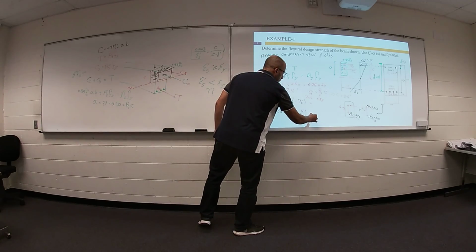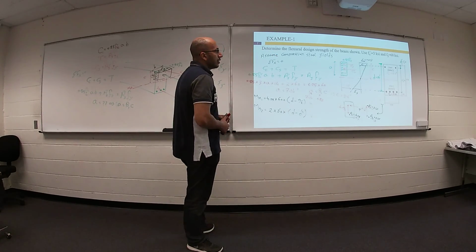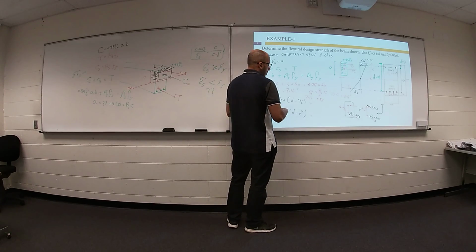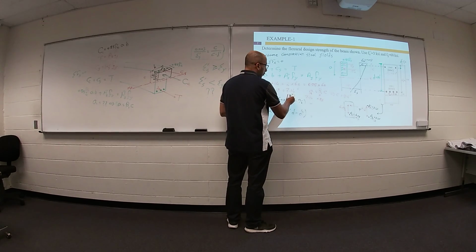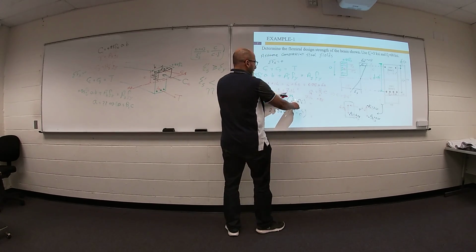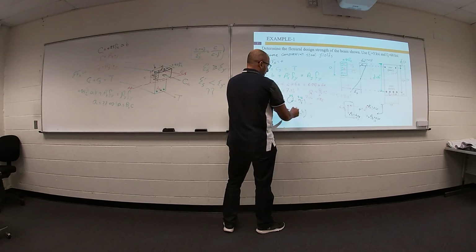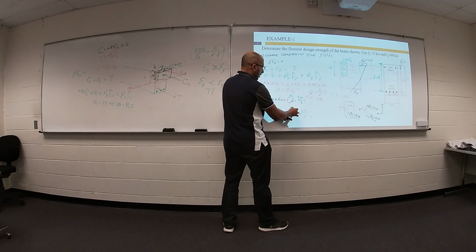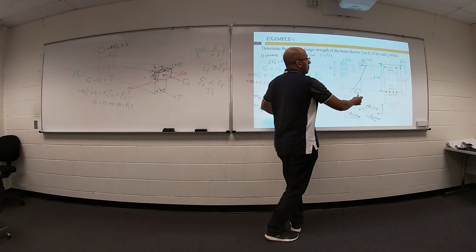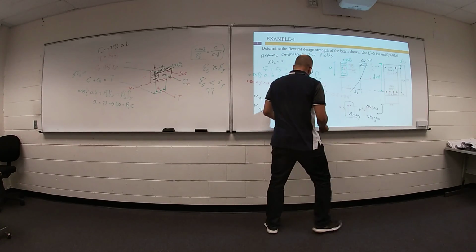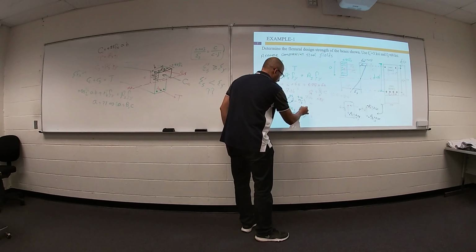So what's this value? Remember, your depth, 24. Your a as a distance, 7.14. Your depth, 24. Your d prime, 2.5 inch.